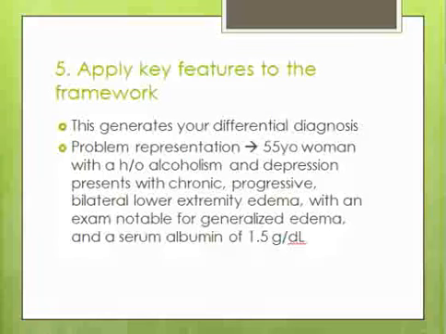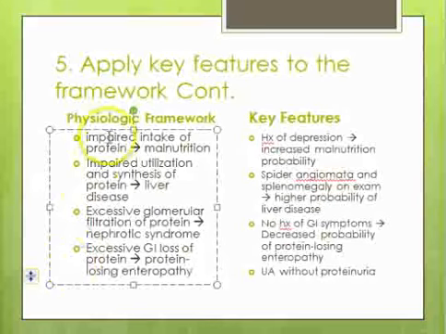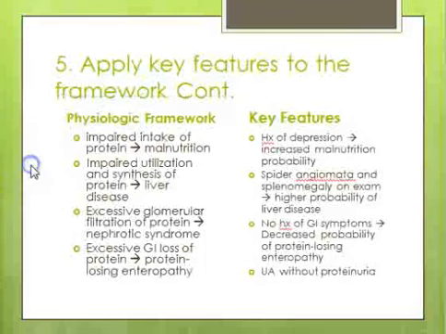So let's say that the problem representation is that a 55-year-old woman with a history of alcoholism and depression presents with chronic progressive bilateral lower extremity edema with an exam notable for generalized edema and a serum albumin of 1.5 grams. So let's say we take an anatomic framework to thinking about what could be the cause for her edema. So we look here, and I've created my physiologic framework for what it could be.